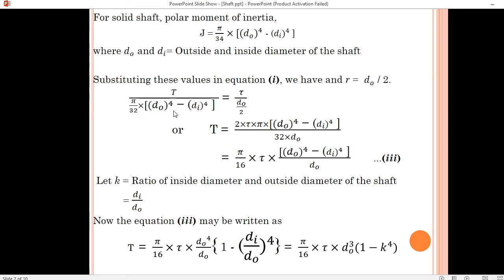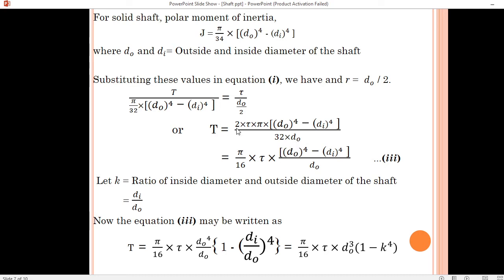Okay, so putting the value of J and R in this equation 1, once again, everything gets multiplied and divided, so we are getting 2 tau into pi into d0 to the power 4 minus di to the power 4 divided by 32 into d0.